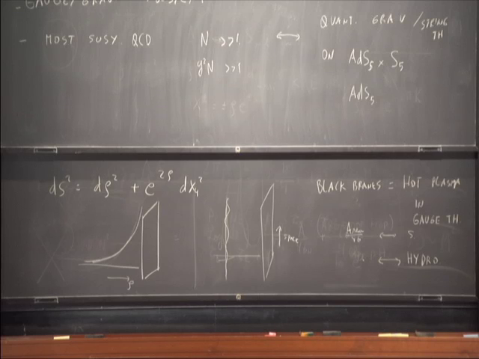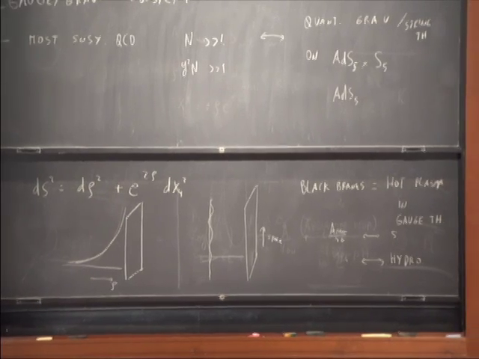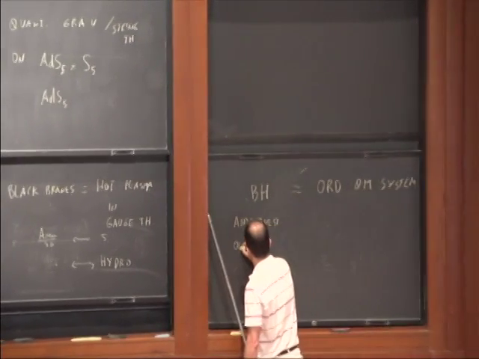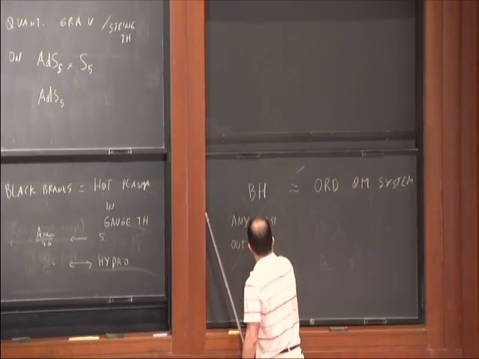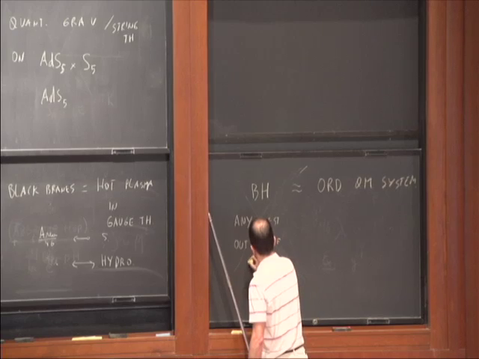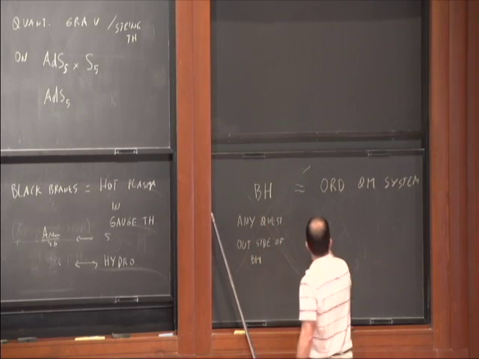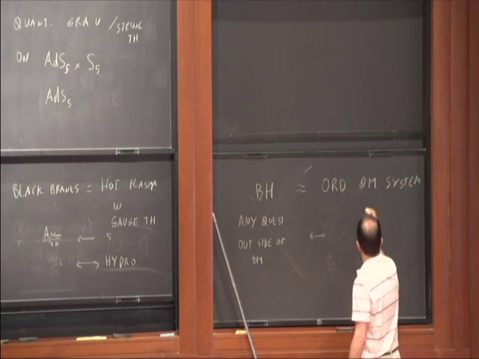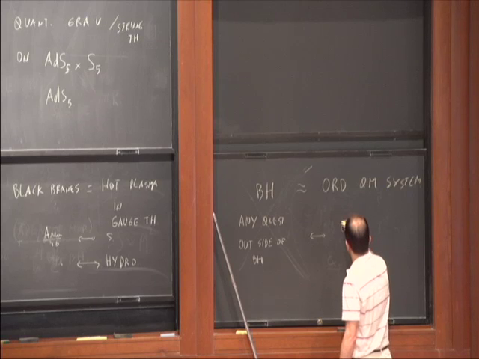And we know the translations for different questions. Any question about the black hole as seen from the outside, about the outside of the black hole, can be translated into a question in this side, so a quantum field theory question.